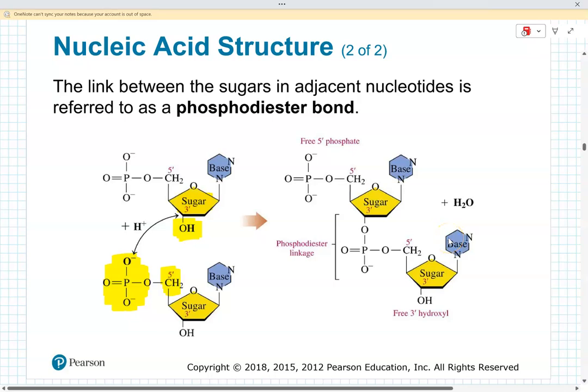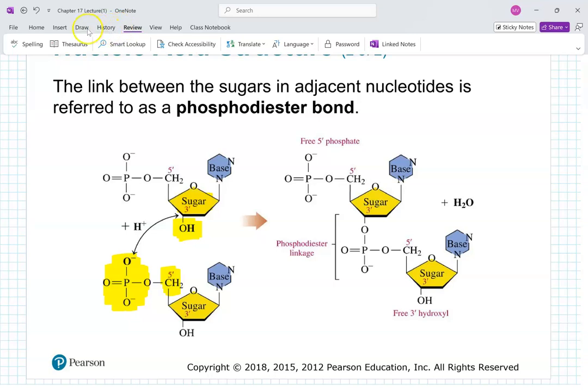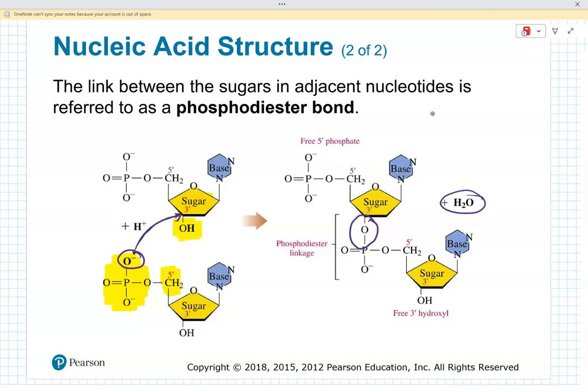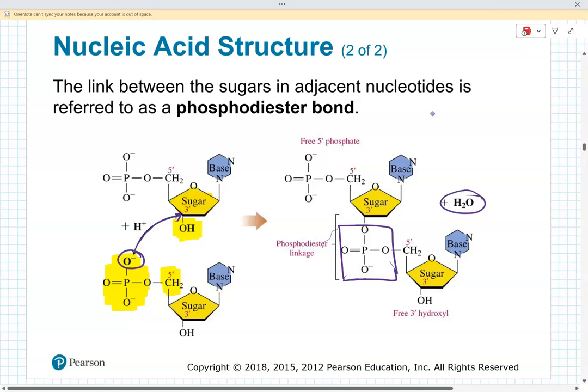So this oxygen attacks 3' carbon, releasing water and forming the second bond. This phosphate group is it connected to 5' carbon of the sugar we're going to give it number 1?